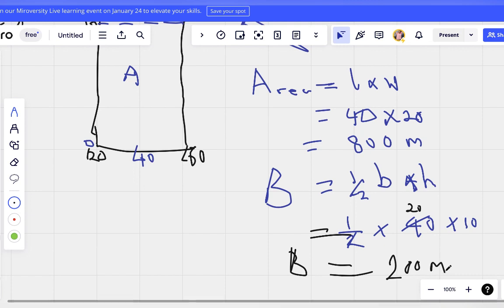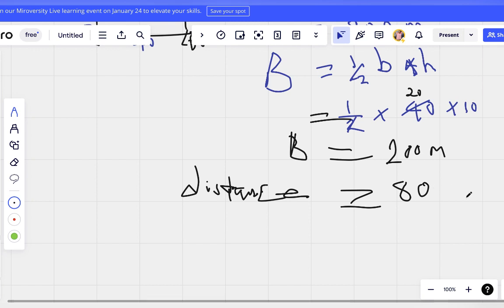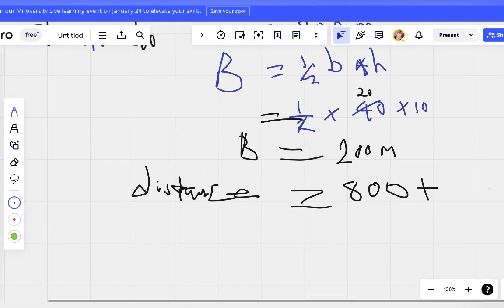The distance is equal to area A plus area B, which is 800 plus 200, which gives us 1000 meters.